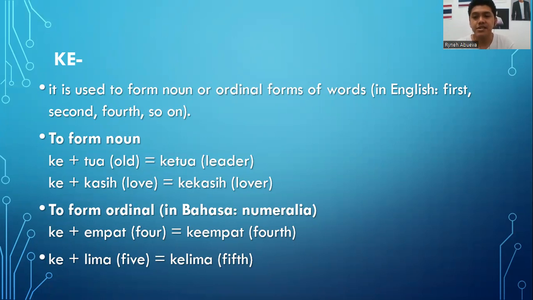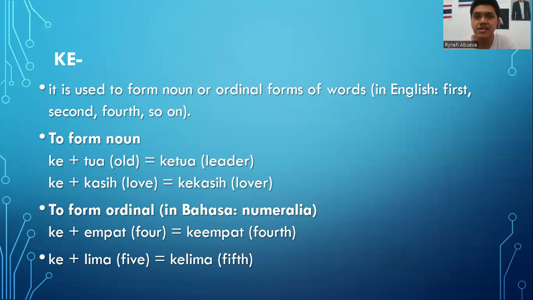for example, ke plus tua, tua means old, which equals ketua. Ketua means leader. Another one, the prefix ke plus the root word kasih, kasih means love, it becomes kekasih. Kekasih means lover.